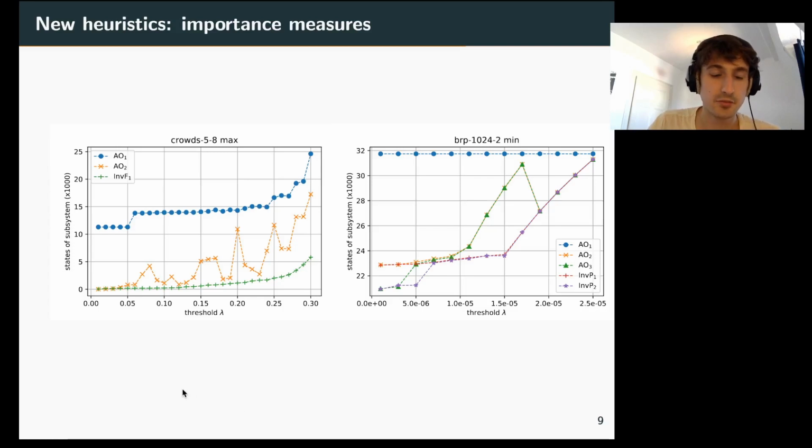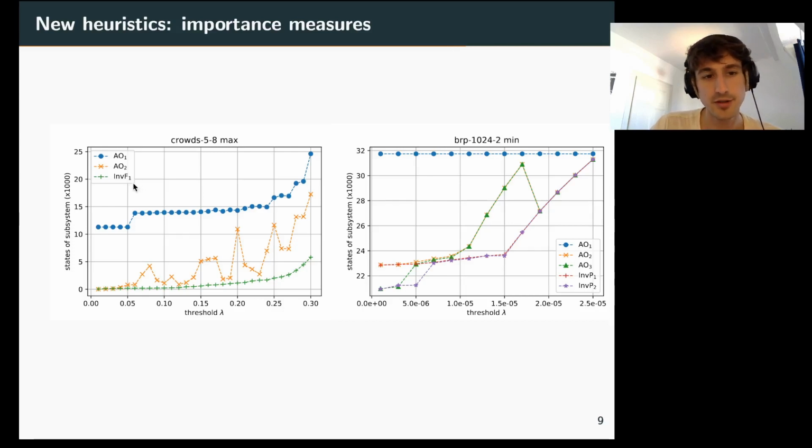So here we have some benchmarks. We plot the threshold: for increasing thresholds on the x-axis, on the y-axis you see the size of the resulting subsystem. So the smaller the better. You can see here the AO is the all ones initialization, and the inf is the new initialization that we just proposed for max.